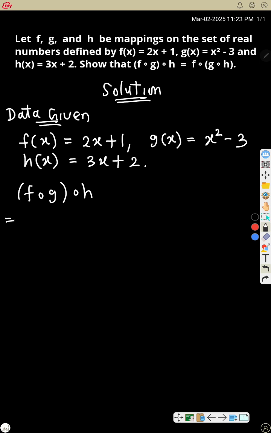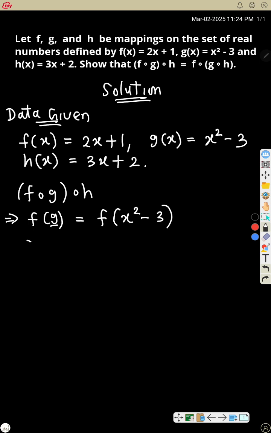So first I have to do f of g first. f of g means what? This is how we can represent it. And what is your function g here? That is x squared minus 3. So f of g is the same thing as f of x squared minus 3, because g of x is x squared minus 3.